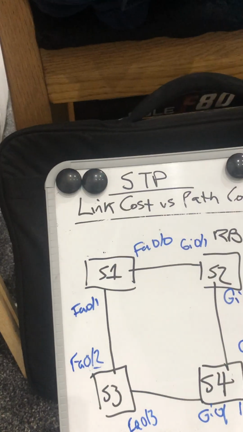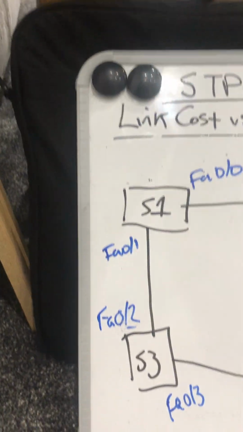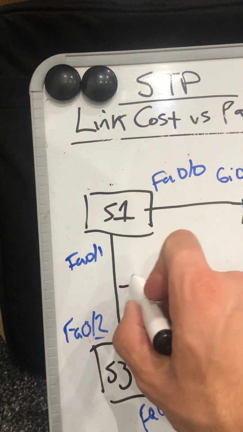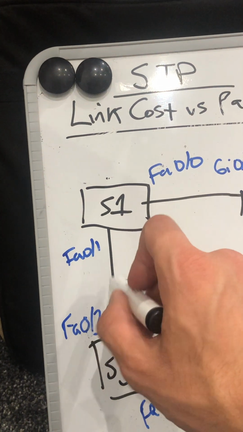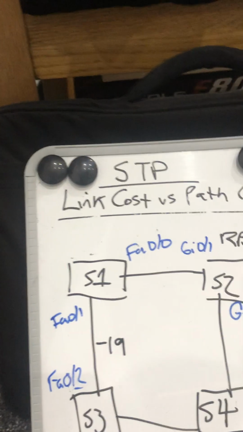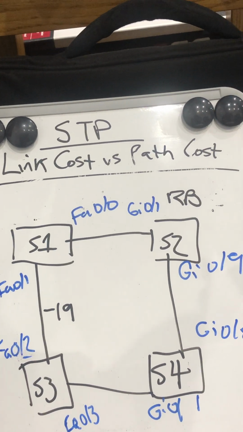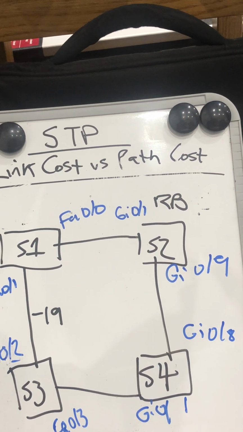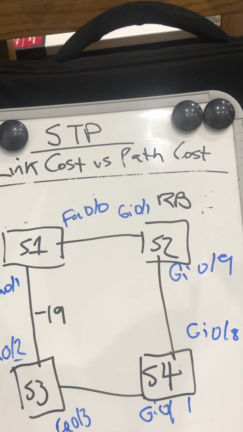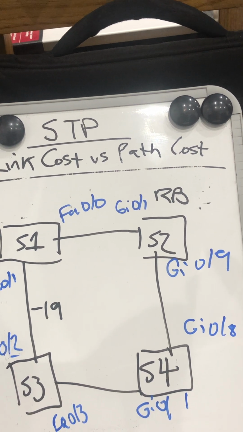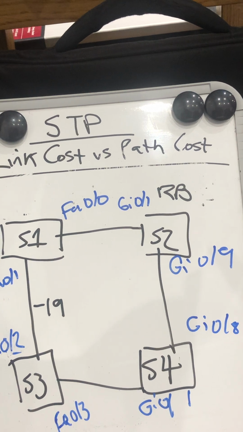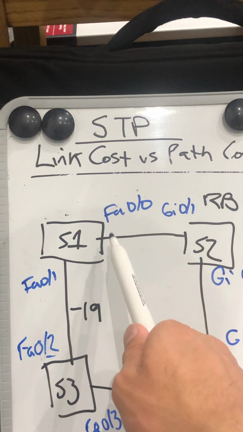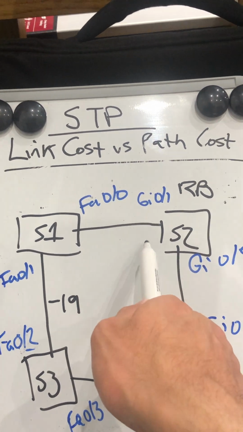Why? Because this is a fast Ethernet link here. And in between S1 and S2, we've got fast Ethernet this side and Gi0/1 here.